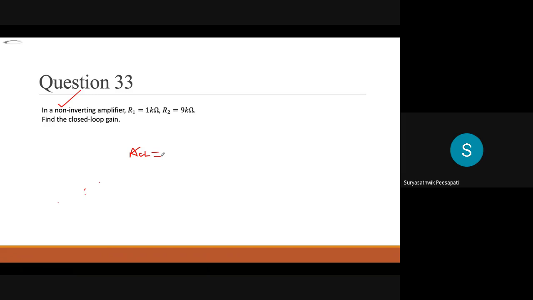Yes, 10. How do you find this? 1 plus R2 by R1. Yes, because it is non-inverting, it is 1 plus R2 by R1.